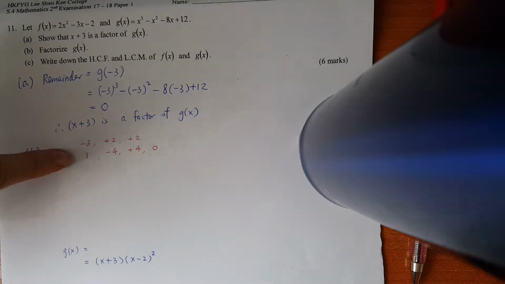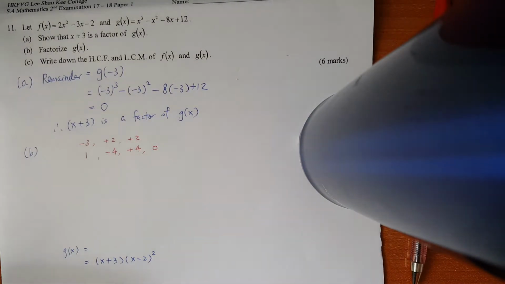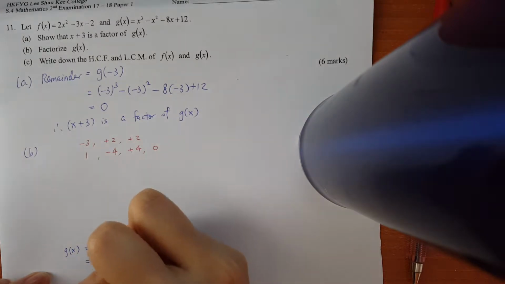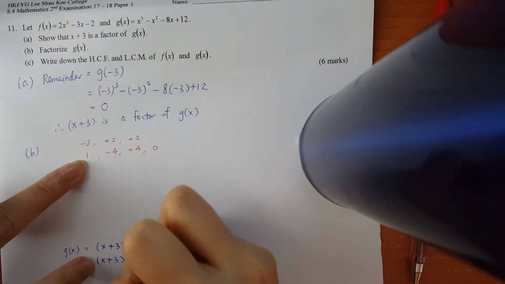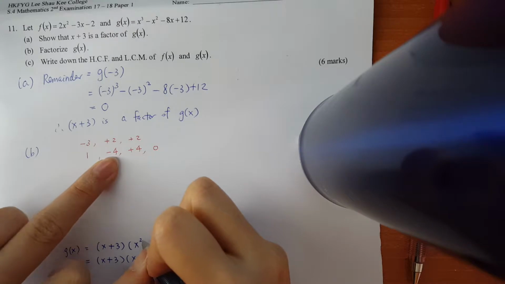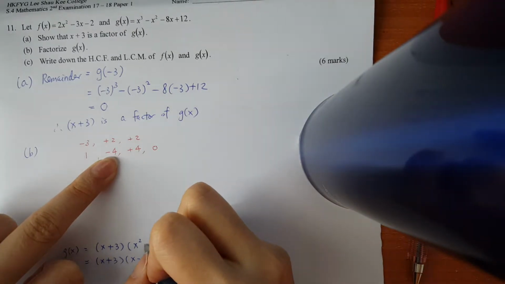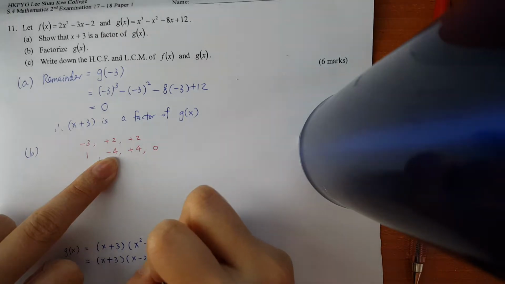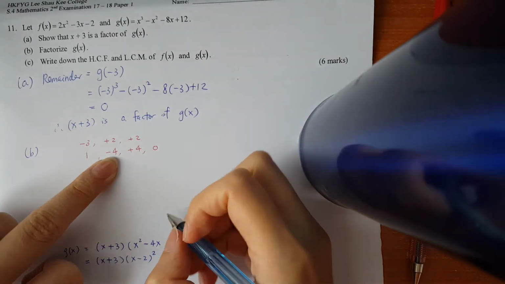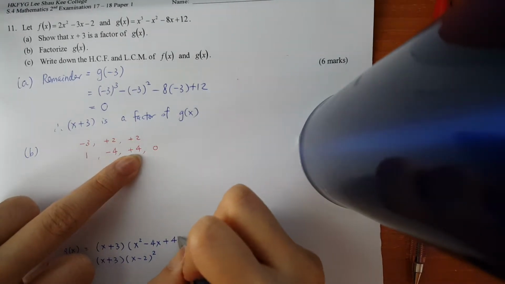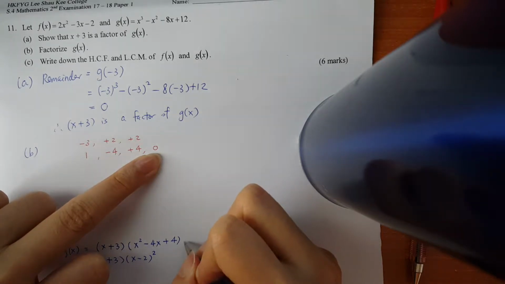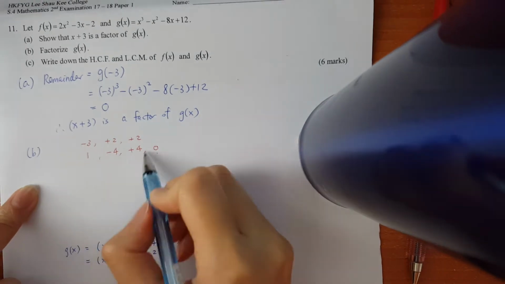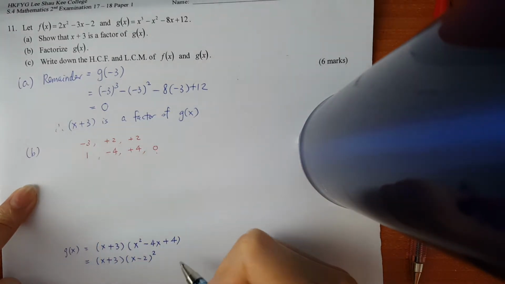And then if I use the second program, then here I will know that x plus 3 times x squared minus 4x plus 4, and then plus 0. This one is the remainder, this one would be the quotient.